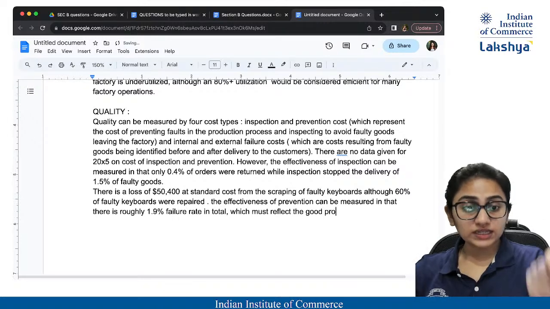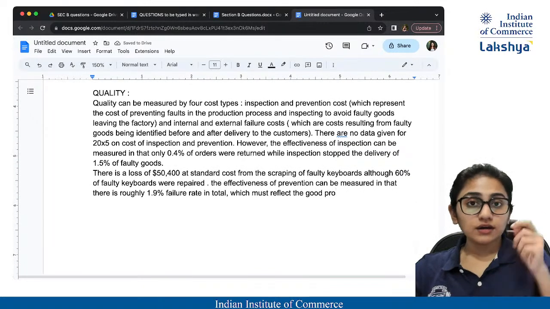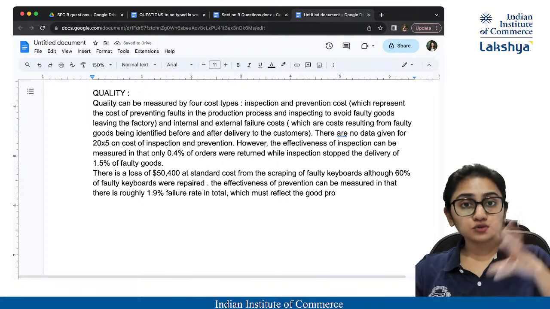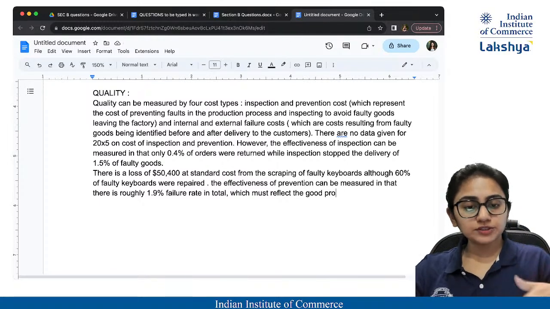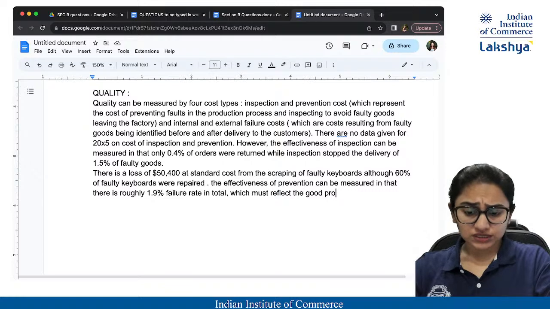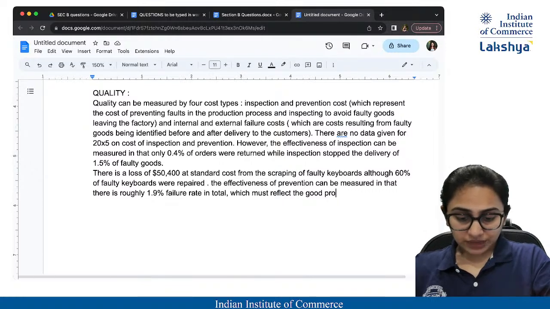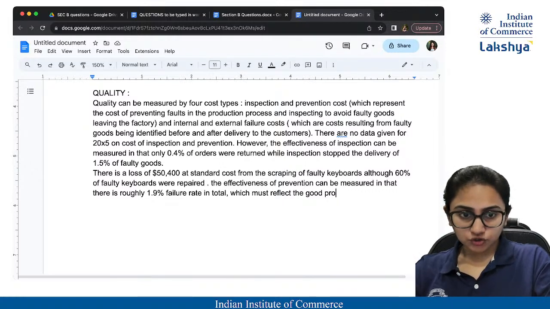That means only slight goods are returned, and even from the goods that were returned, 60% are refurbished and sold back. So this reflects the good production practice at the factory.